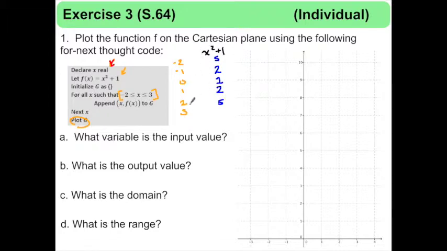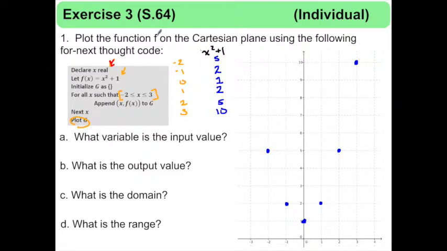And then 3 squared is 9, plus 1 is 10. So if we plot these coordinates, -2, 5, we have a point that's here. -1, 2 is here. 0, 1, 1, 2, 2, 5, and then 3, 10 is up here.